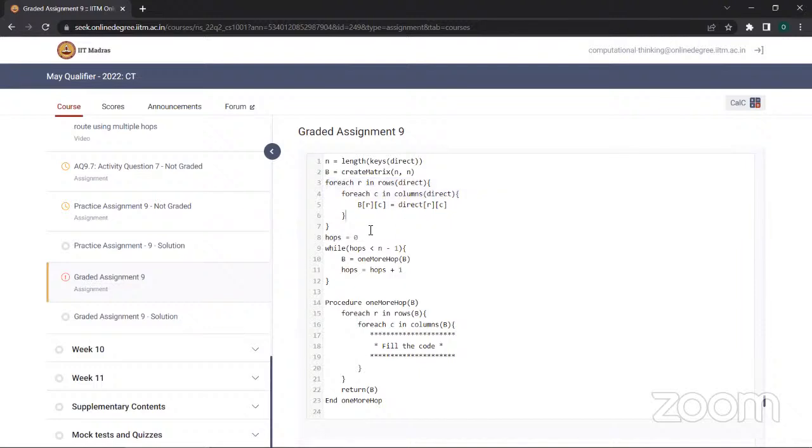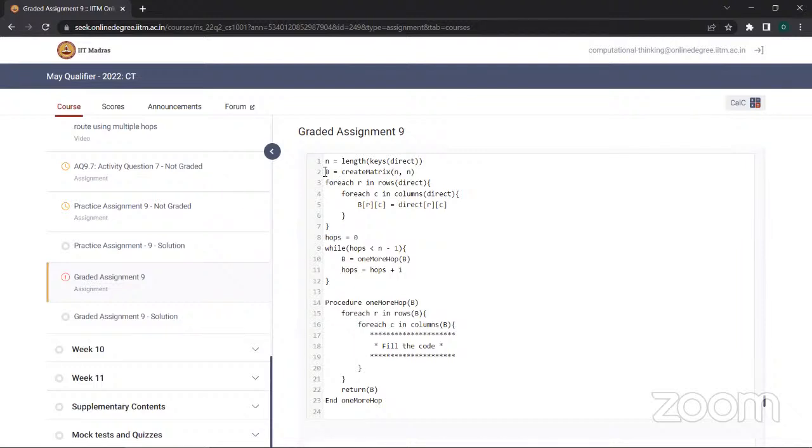And then this particular B, what is B? B is the matrix we are creating. The create matrix function always gives a matrix with all zeros in it. So initially the B matrix will have all zeros.